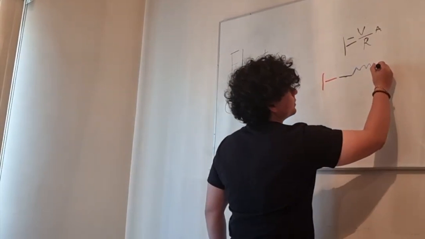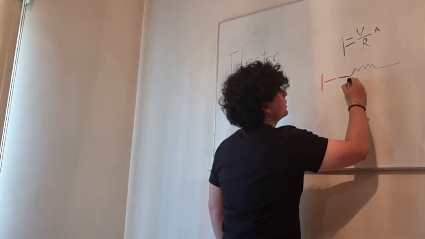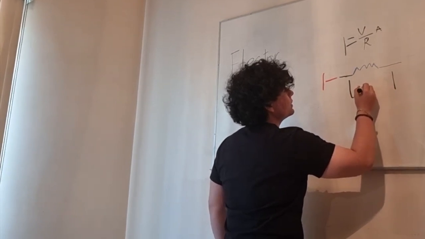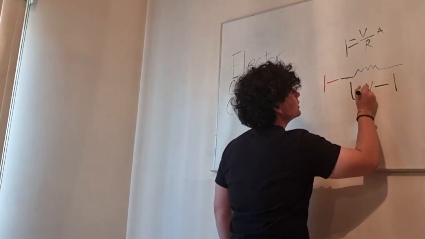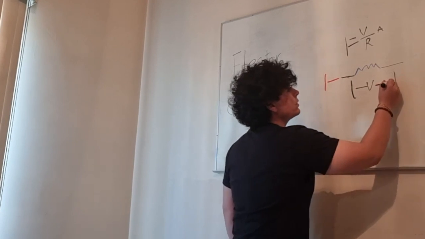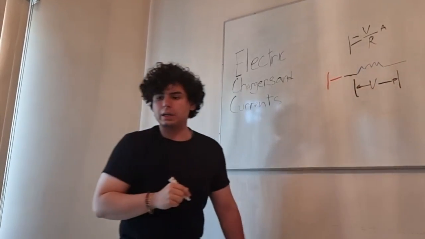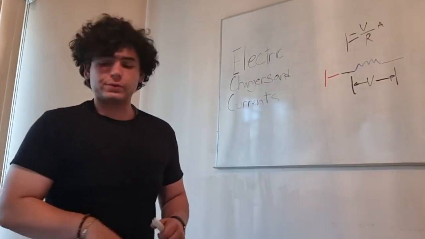And then we continue here, and here is the voltage, V. Marking the arrows, and that's the current of the electrical fan.